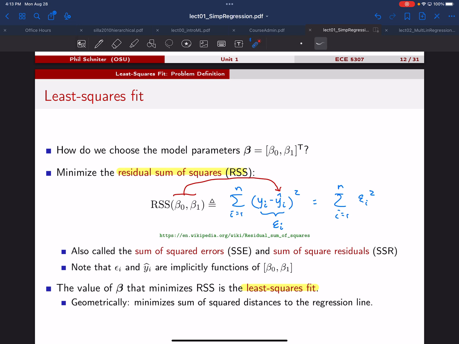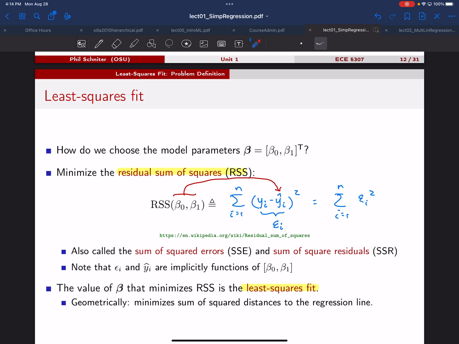And we can also think about this in terms of the training targets and our predictions, which we're making from the training features. Okay, so this is RSS. This is the thing that we have decided to minimize. And there are other options too. We could have looked at an absolute value here instead of the square. But this is the most common one and the easiest one to work with.